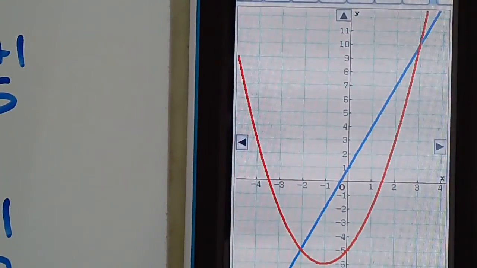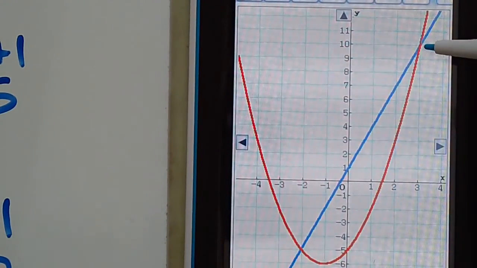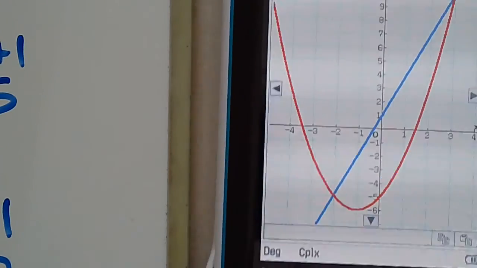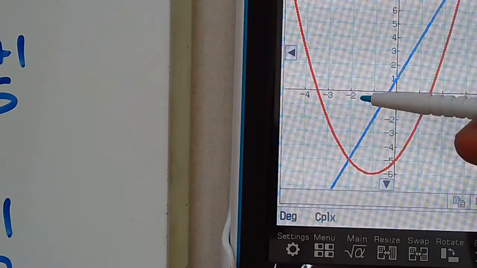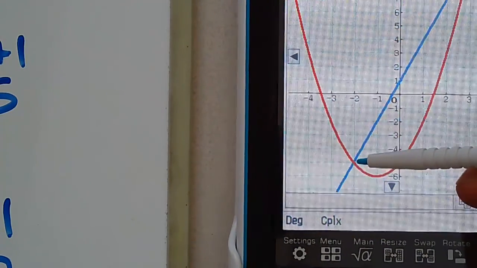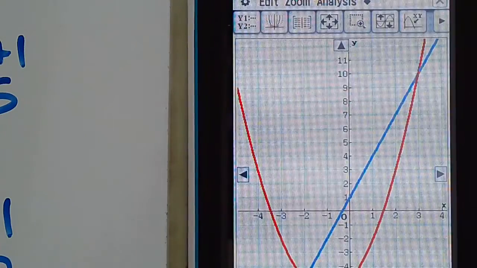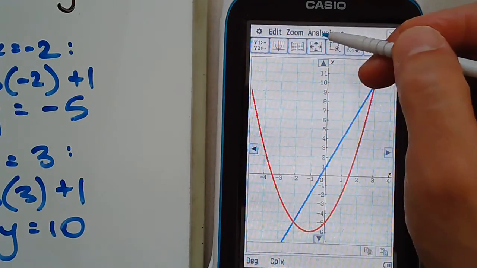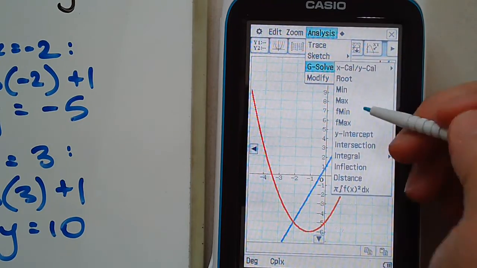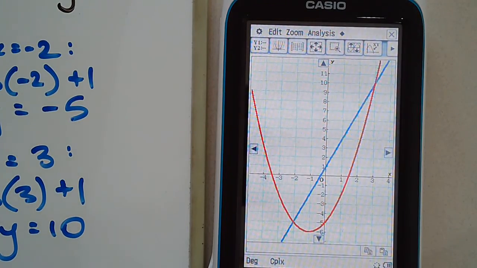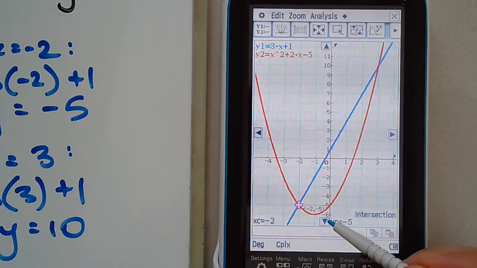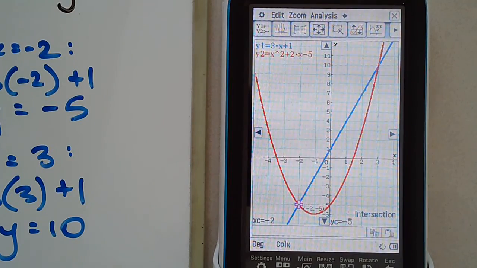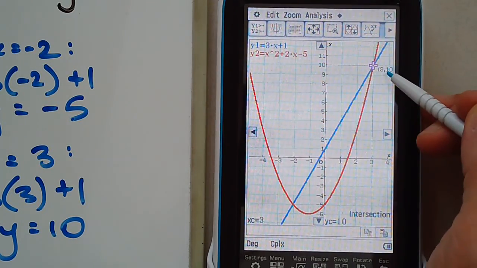There we go. So we can see 3, 10 is definitely one of the solutions, and negative 2, negative 5 is another solution. So these are our two points of intersection. I could use the calculator's graphical solver tool to find the points of intersection. So there you go, there's one there. Hopefully this works, and there's the other one up there, 3, 10.